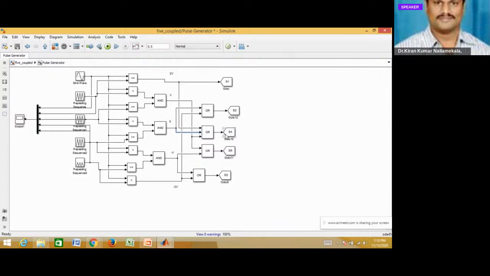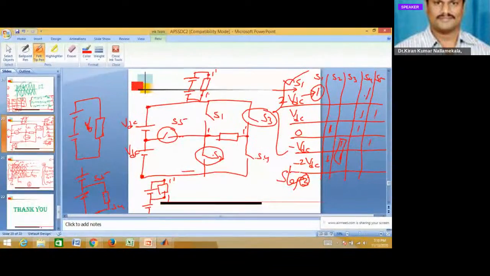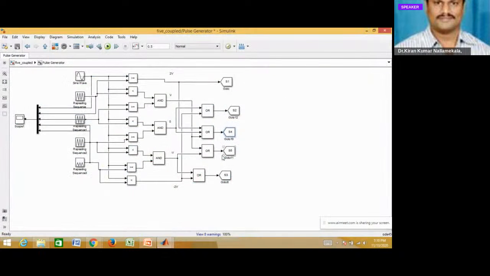All three together are given to S4. Coming to S5, it is turned on during the VDC voltage level and the minus VDC voltage level. You can see plus VDC is given and minus VDC is also given to S5.